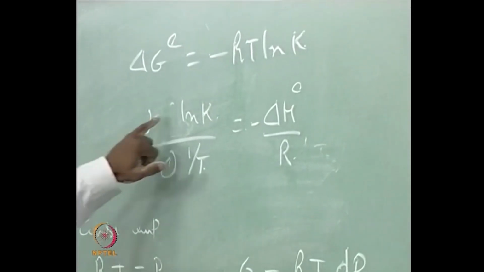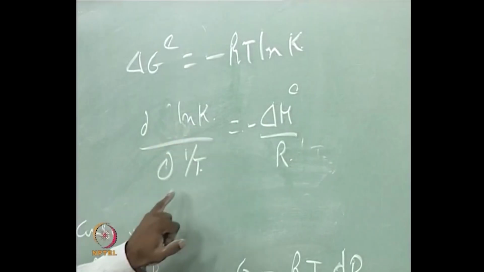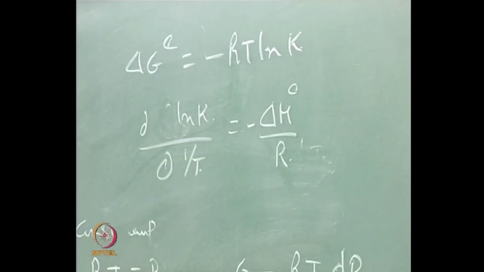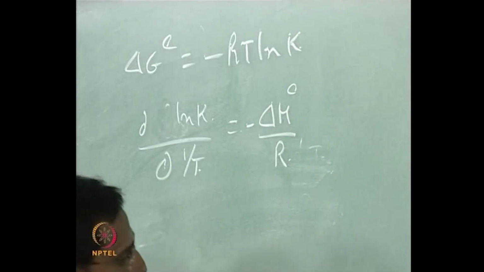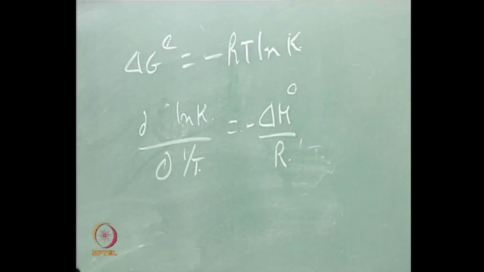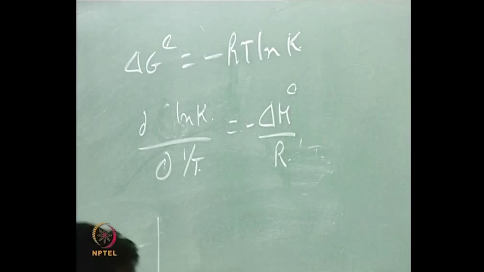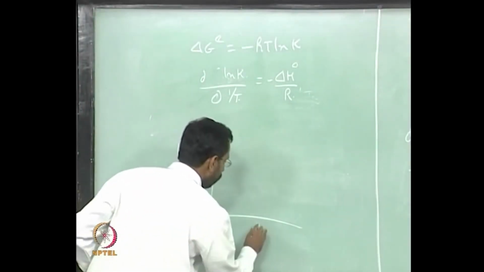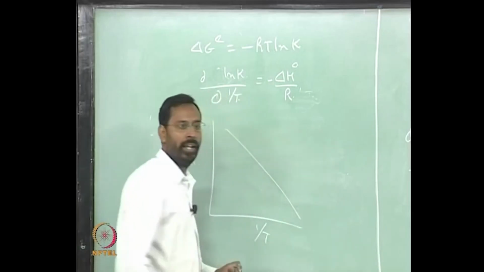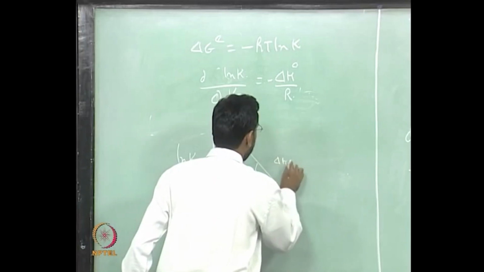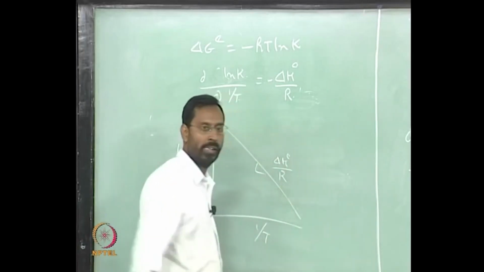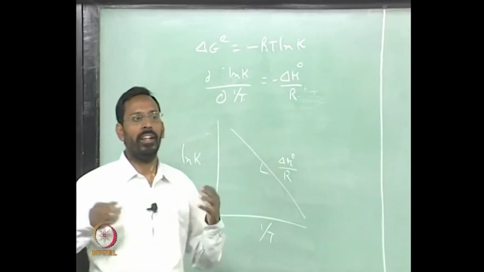So, you can see that dou of ln K by dou 1 by T, that means if I have the K values, what is called the equilibrium coefficient values, as a function of temperature, and if I plot the ln K, if I plot ln K as a function of 1 by T, I should be able to get a straight line where the slope is delta H naught by R, where the delta H naught is the heat of the reaction.